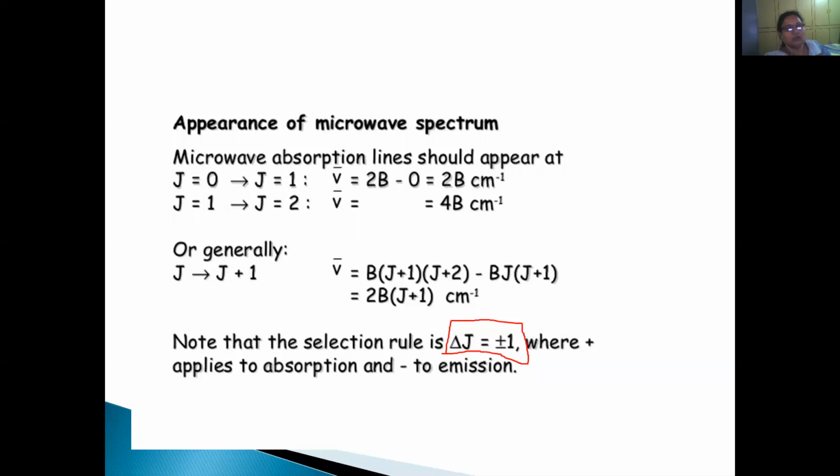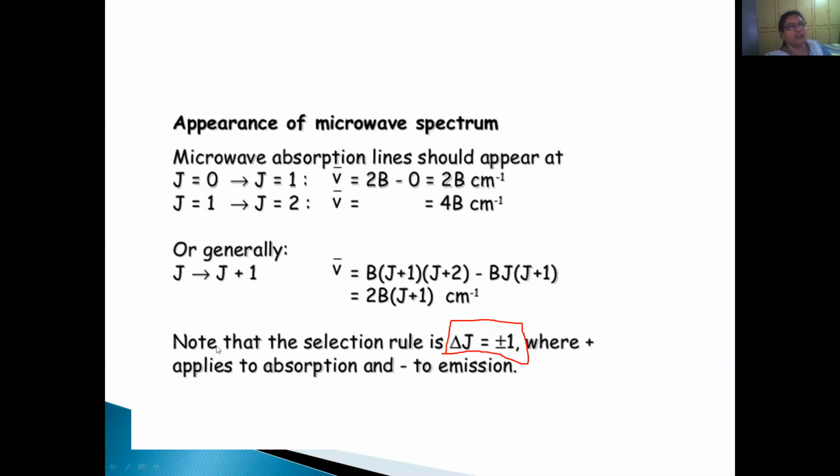If it goes from J=1 to J=2, jumping from one level to another, it comes to 4B per centimeter. Similarly, we can calculate for each and every energy level. Or generally, J going to J plus 1 comes to 2B(J plus 1) per centimeter.